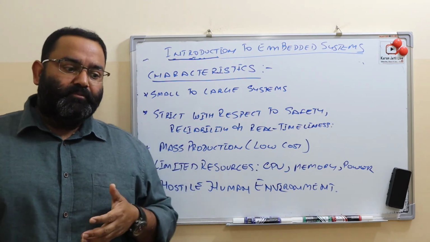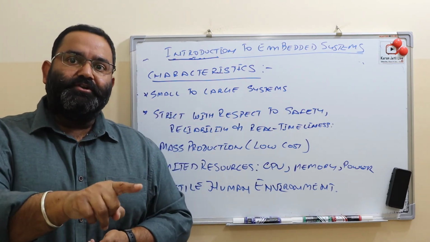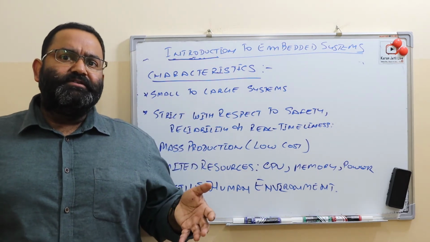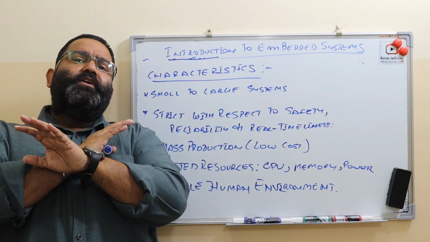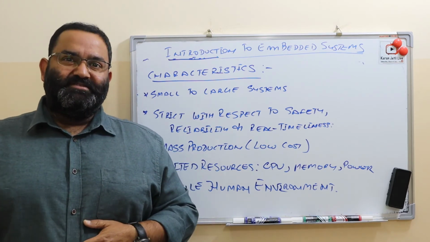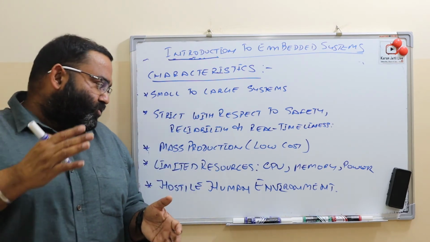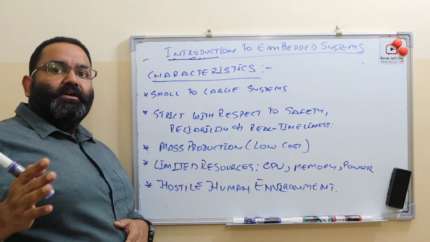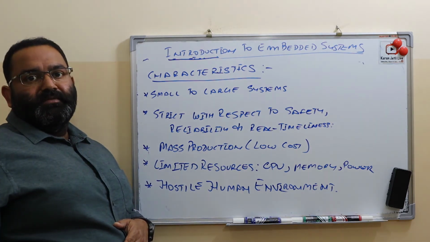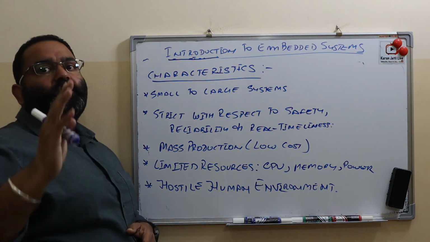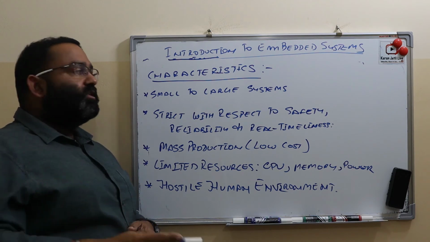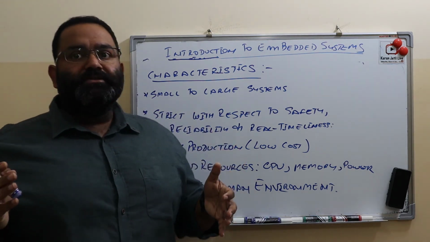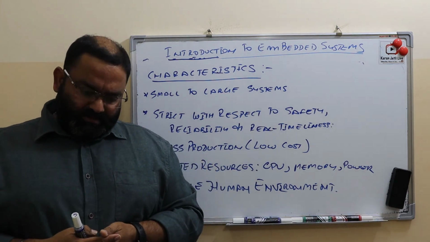Unlike our laptop, which you have to shut down properly or else the operating system will corrupt, in an embedded system no one cares. So they are designed to work in a hostile human environment. Again, no matter what embedded system it is, the characteristics will be more or less the same. So guys, that's pretty much an introduction to embedded systems.